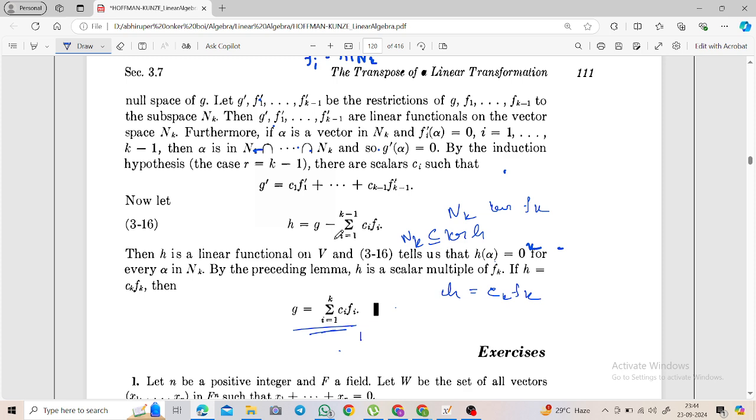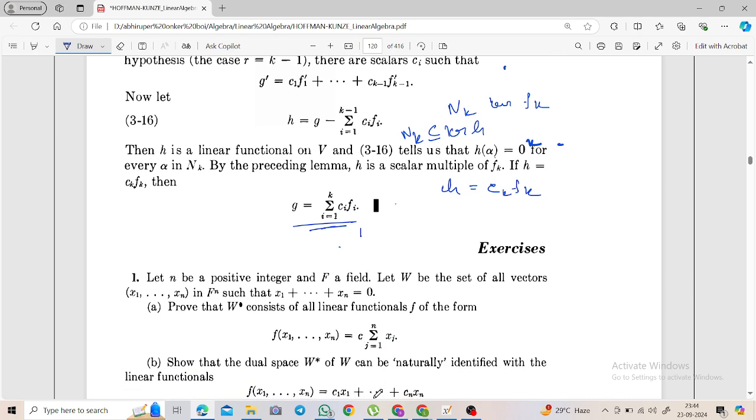There are actually some calculations which you will have to do on your own. Okay. There is a small exercise. Let's see what they are saying.